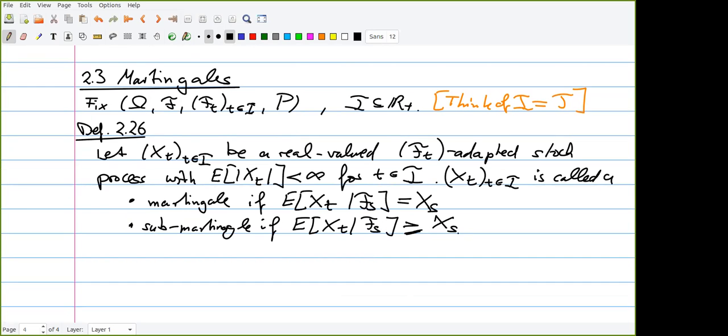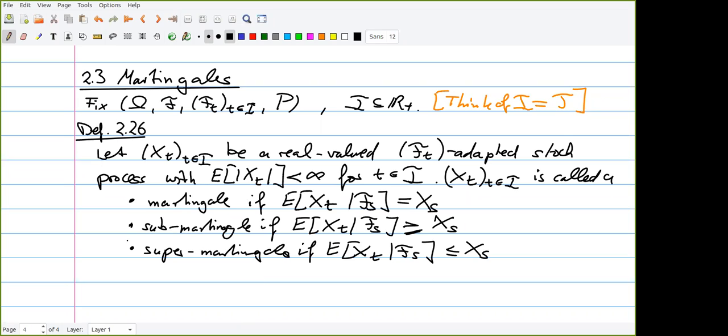So if X models our game process, this means that if we keep trading, our expectation is that we have more money at time t. And there's the super martingale, if the expectation goes down.